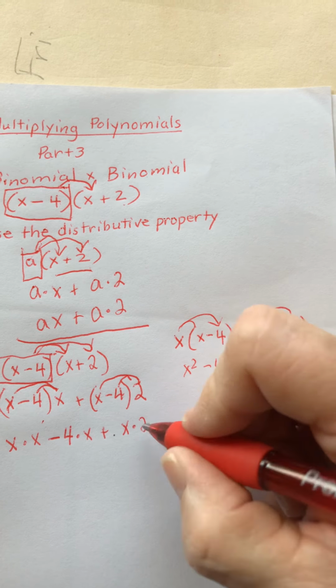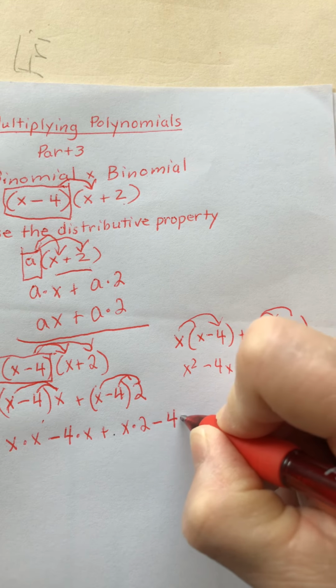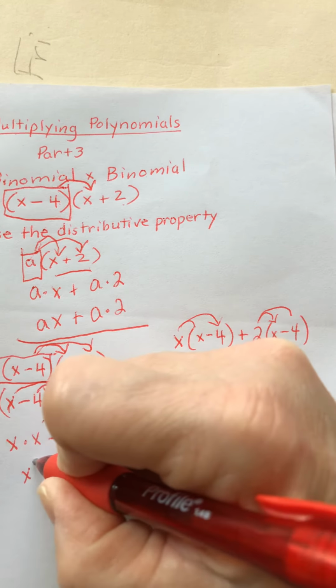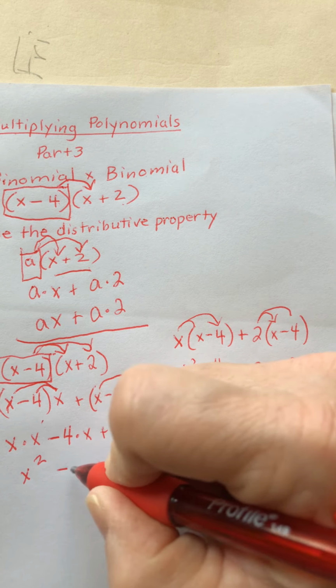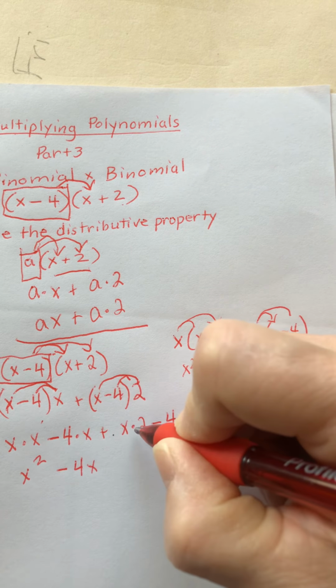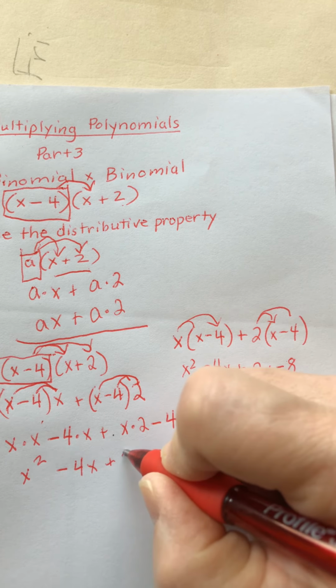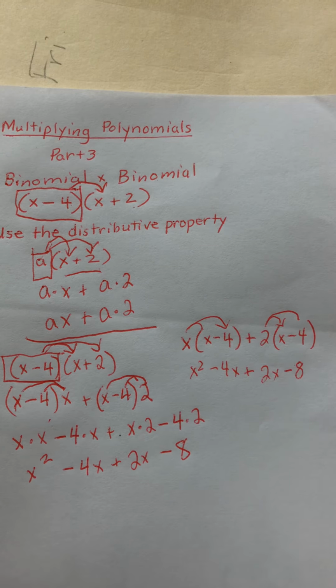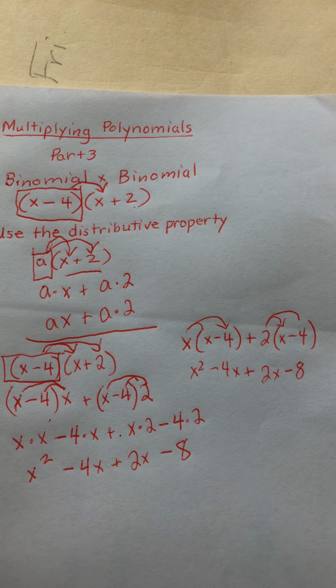And be careful because that's a subtraction, minus 4 times 2. All right, we have x squared, this is minus 4x plus 2x minus 8. Okay, that looks pretty good.